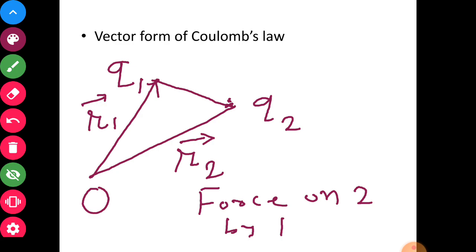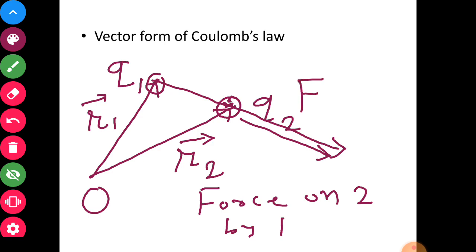If these two charges are positive, then naturally the force on 2 by 1 will be in this direction, because q2 will experience a repulsive force because of q1, in the particular direction I have shown in this figure. So this will be the direction of the force on 2 by 1.